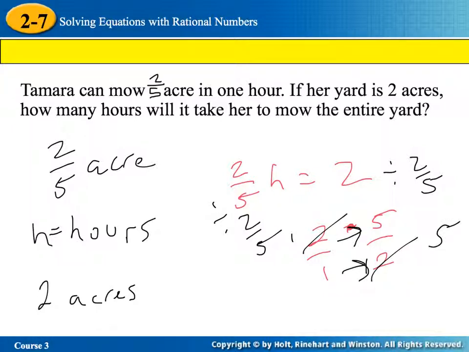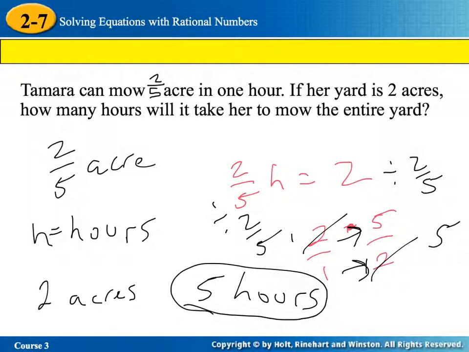But what's my label? Well, it's hours. So it takes, not me, Tamara, 5 hours. That's a lot of mowing. A lot of work. Okay? So what's the answer? It is 5 hours. Make sure we come up with an equation.